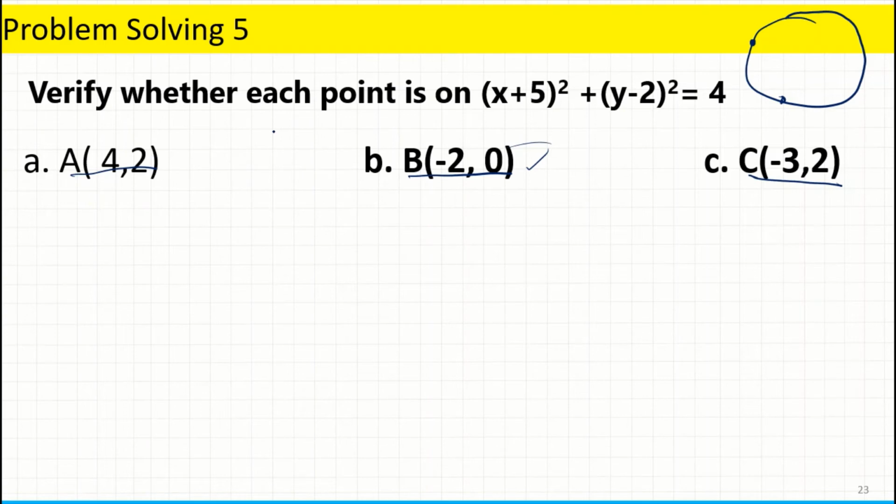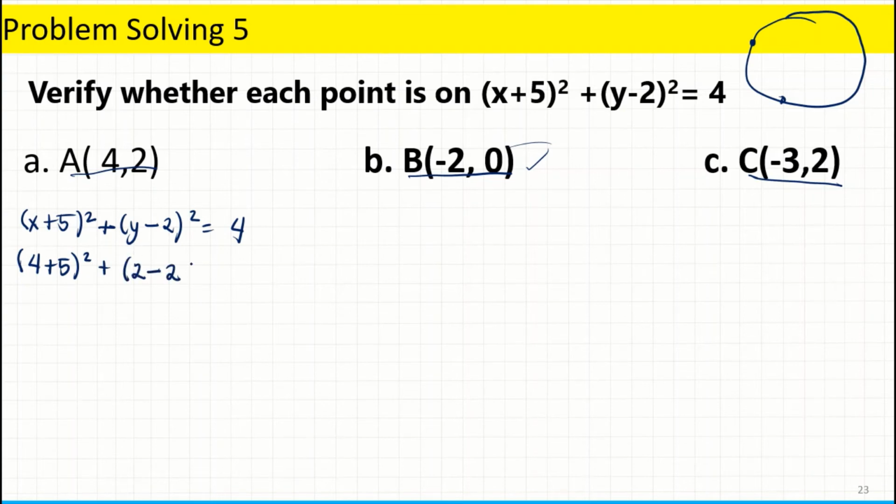Okay, for example, if we have point A, (4, 2), we are going to substitute it to the given equation. So we have (x plus 5) squared plus (y minus 2) squared is equal to 4. Sa point A, x is 4 and y is 2.